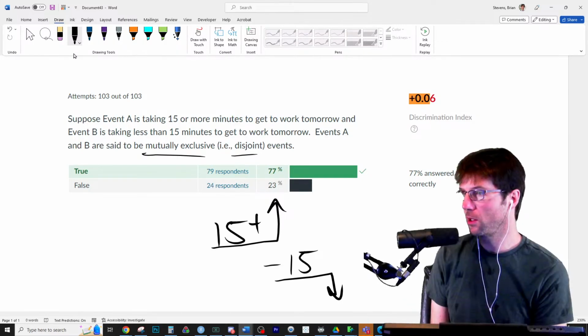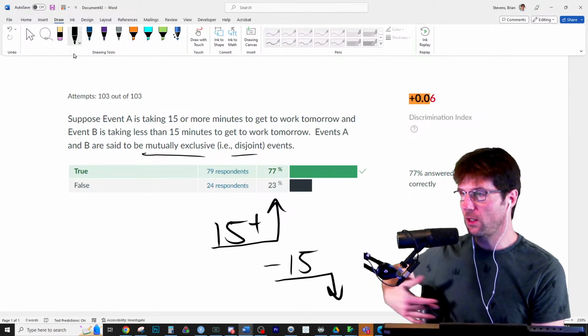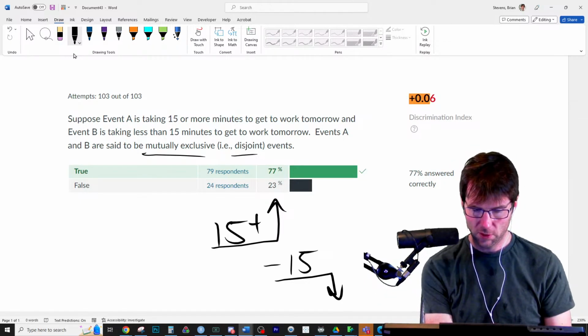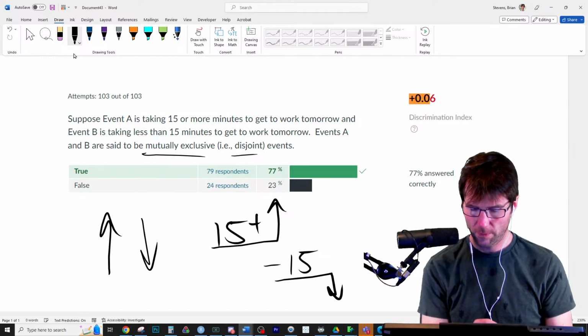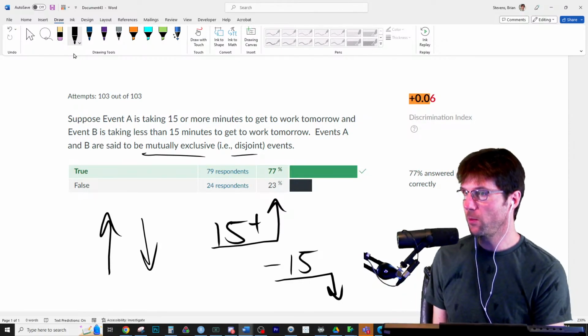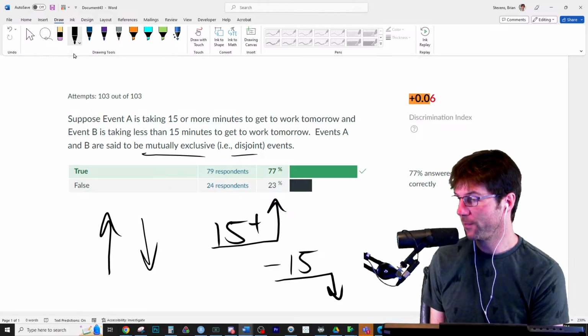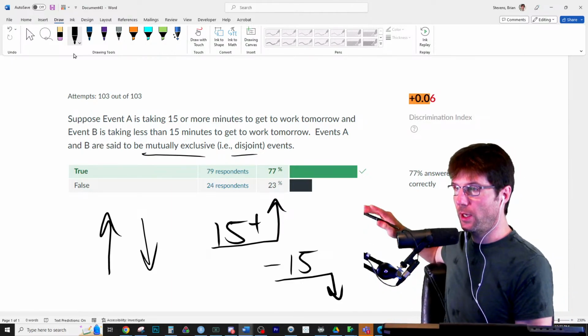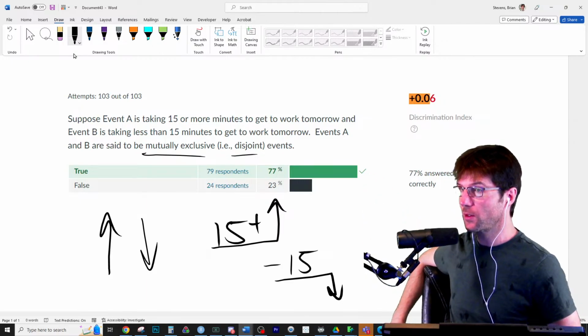If you're asking if two things are disjoint, how do you examine this? You would say, if one occurs, the other can't occur. So if it takes me 15 or more minutes, and that's exactly it. If you look, this was a question, and if it was 50-50, that would mean it was a guess.